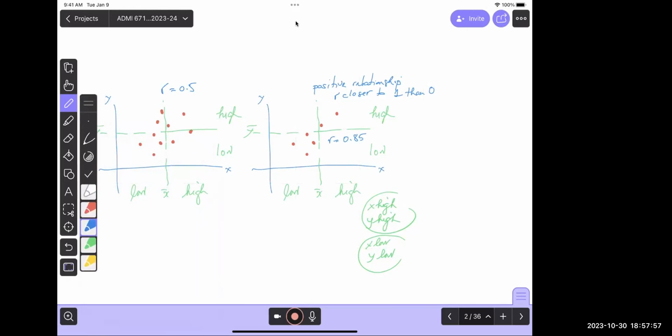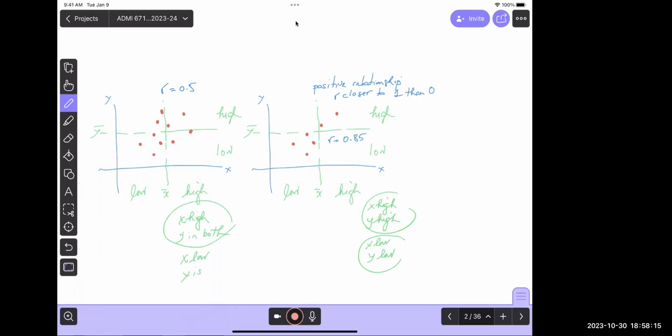So let's review this one. When x is high, y is in both high and low. When x is low, y is low. So this is moderately positive. All right, so that's what's happening.